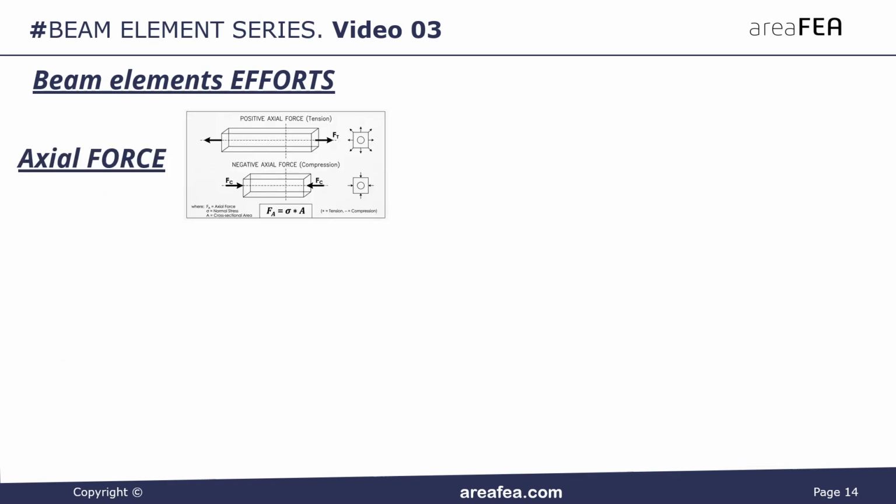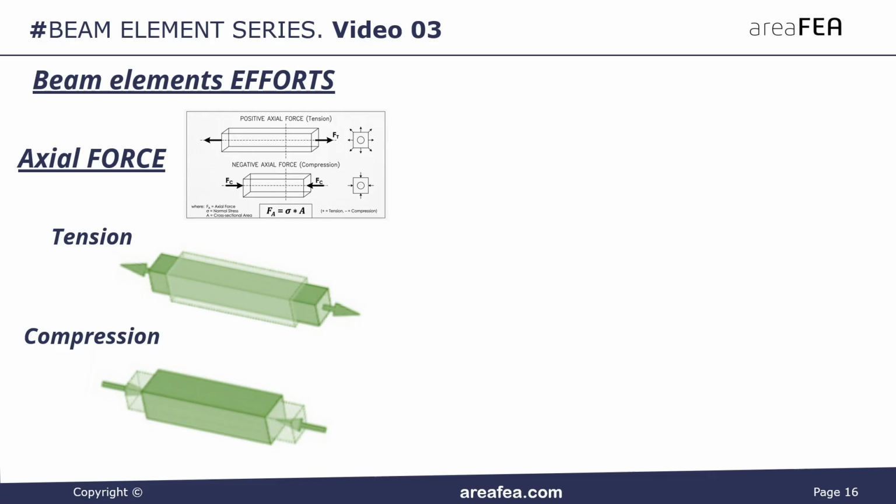We start with the axial efforts. As you know, if we talk about axial forces, these forces will be acting in the direction of the beam. In structural engineering, this is the first thing we want to know. Positive axial force will mean tension, the member is being pulled, and negative axial force will mean compression, the member is being pushed.